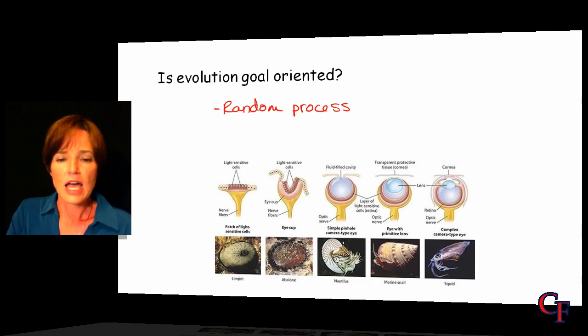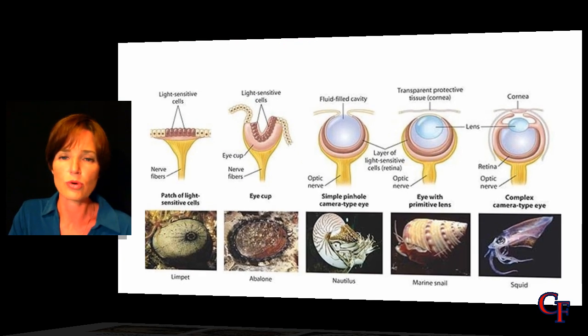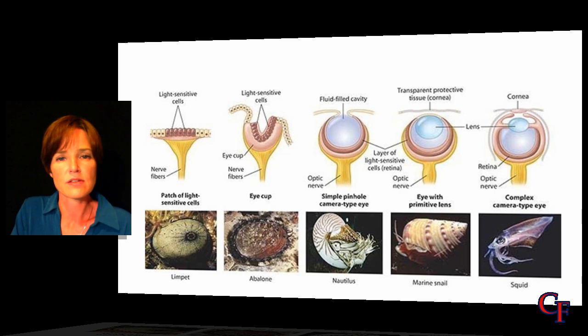A lot of people look at eyes and they talk about the complicated structure of the eye in, say, a human or an octopus, other advanced organisms, and they say that that is proof for this goal-oriented process of evolution. Well, really that's just what works in those organisms. So that complex eye type works well in an octopus.